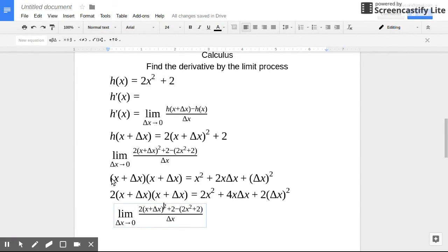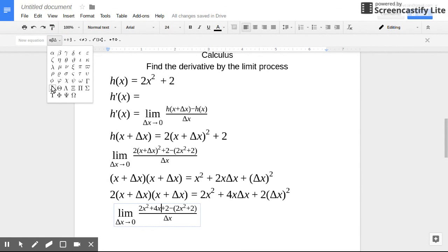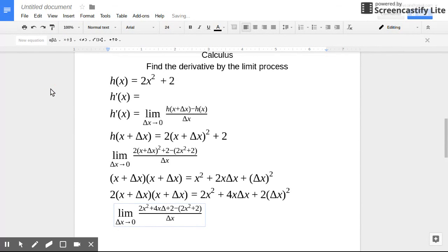We know what that is now, so we're going to erase that and write it in. It's 2x squared plus our 4x delta x plus our 2, and I'm going to continue to put parentheses around this thing.